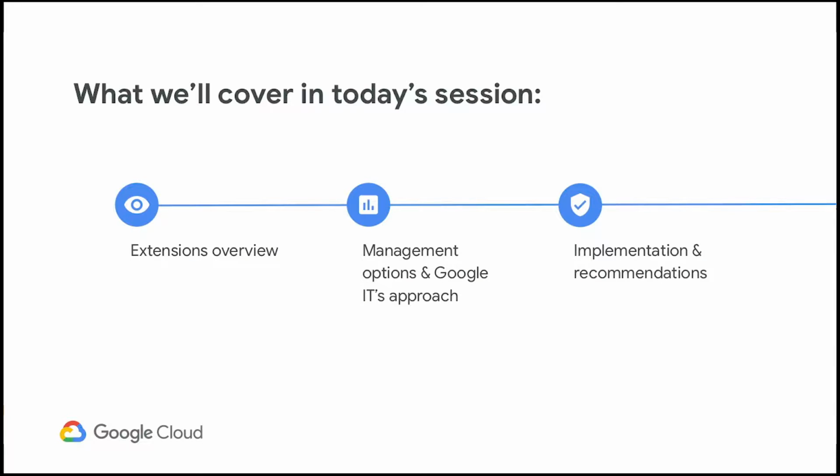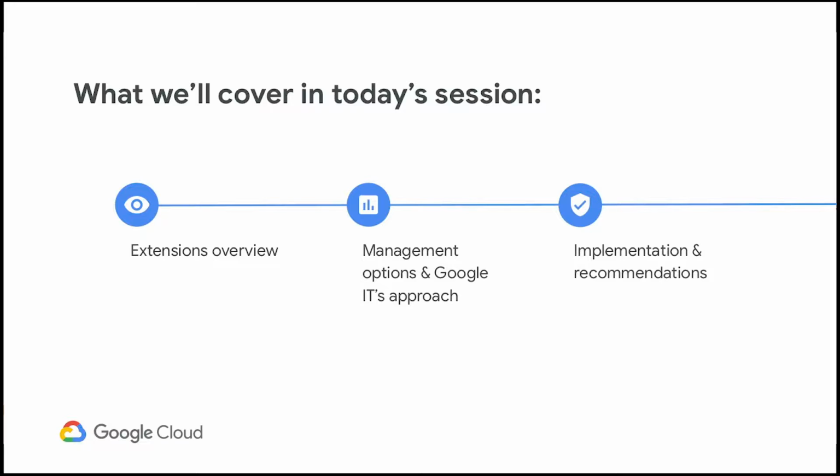Great. So what we're going to be covering today in this session is we've gotten a lot of feedback from our customers that managing extensions at scale can tend to be a painful process. It can be a little cumbersome, and we hear you, and obviously there's people in the seats today, so most likely you may feel similarly. So we'll talk at a high level about what extensions are, why they provide value in an enterprise, as well as some inherent risks that come with having them present on your end users' machines.